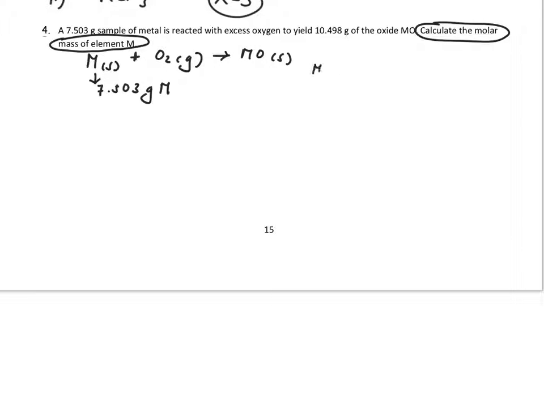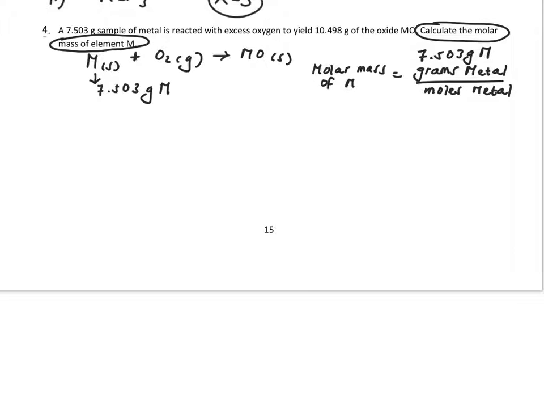And we know that the molar mass of our metal is going to equal grams of our metal over moles of our metal. We have our grams that's given in the problem, so half the problem's done. 7.503 grams of M is the numerator.